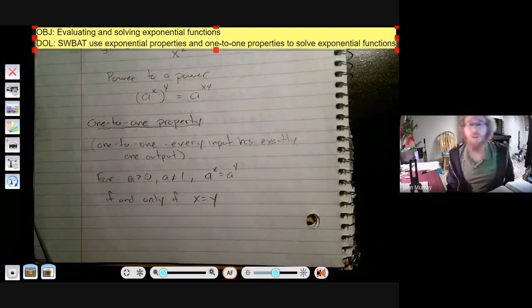So for exponentials, if we have a to the x equals a to the y, the only way that we can have that is if x equals y. And that's the key property that we're going to be using for the rest of today.